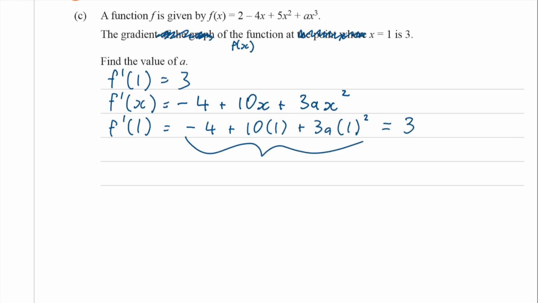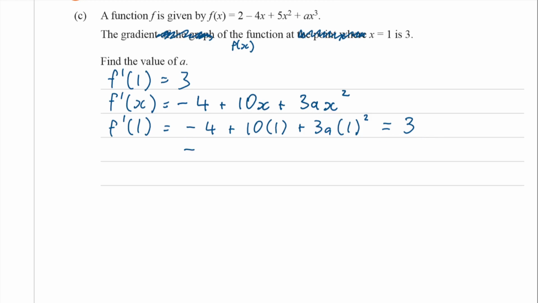The gradient at x equals 1 is equal to 3. So again, this bit out the front is just showing that we're substituting 1 into the derivative, but strictly speaking, you could omit that if it's confusing you. So now all we're doing is focusing on this. One equation, one unknown, so we can solve.